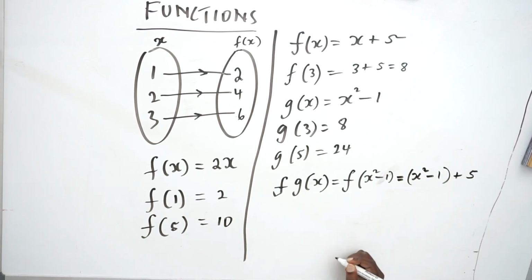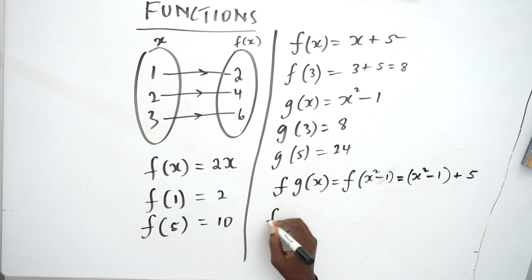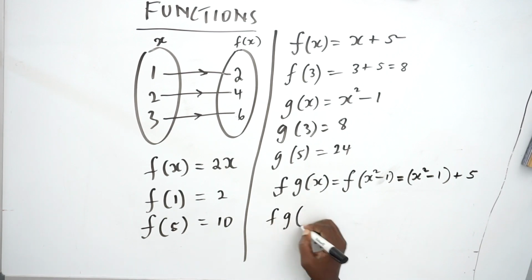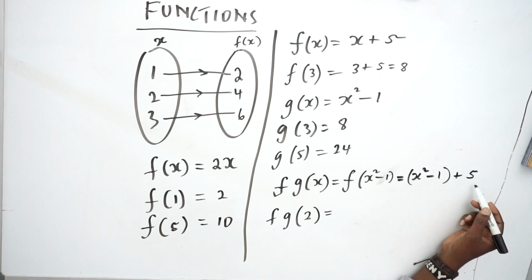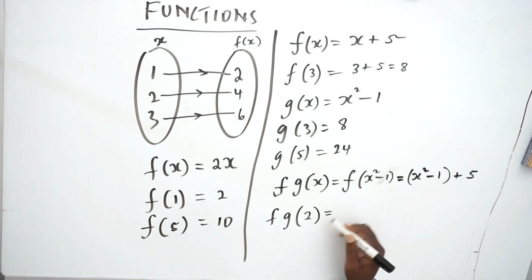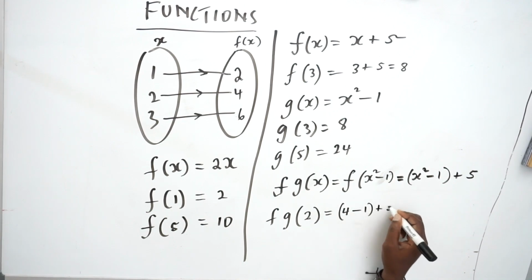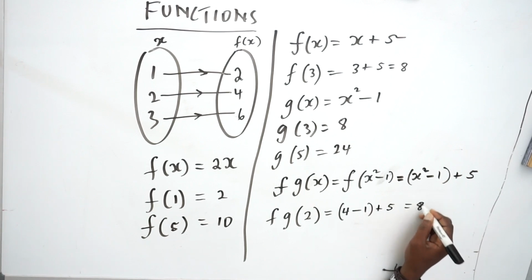So if you wanted fg of 2, we already know the formula. We just say that would be 2 squared minus 1, which is 4, in brackets, plus 5, we get 8.